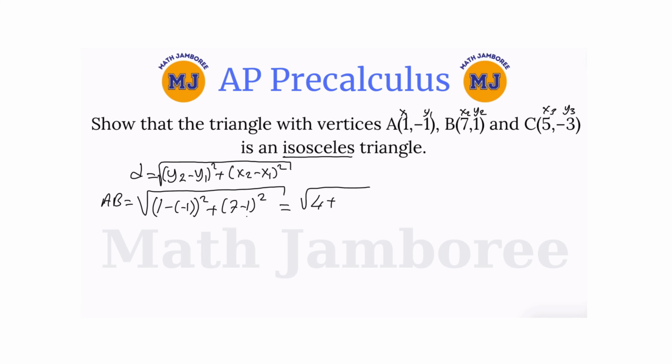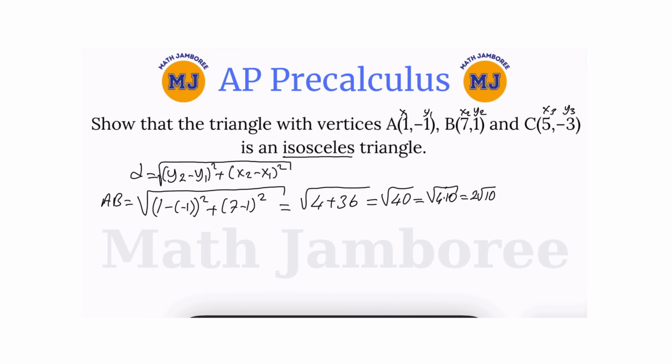Plus 7 minus 1 is 6, and 6 squared is 36. This is the square root of 40, which can be written as the square root of 4 times 10. The 4 comes out of the square root as 2, and this is 2 root 10.